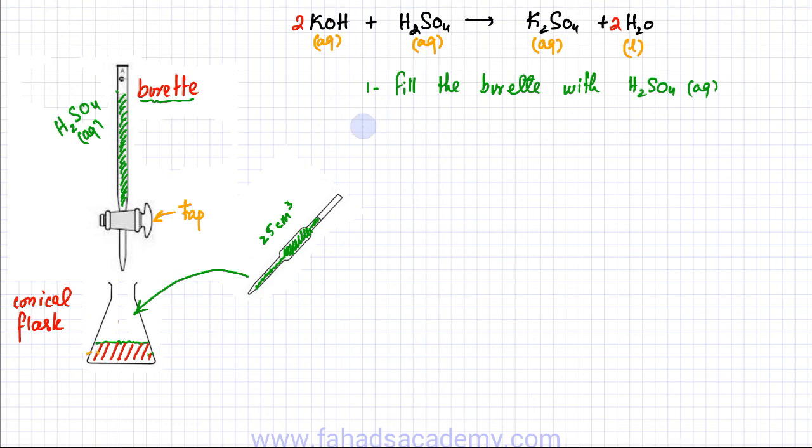And the second step is that I have this conical flask. So I'm going to use a pipette which measures 25 cm cube volume, and I'm going to put KOH aqueous. So KOH would be in aqueous state. I'm going to put 25 cm cube of KOH into this conical flask.